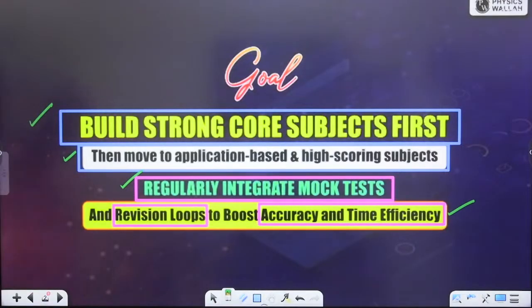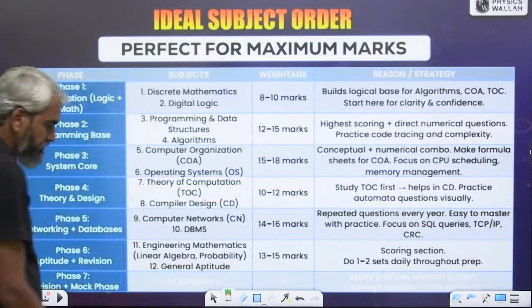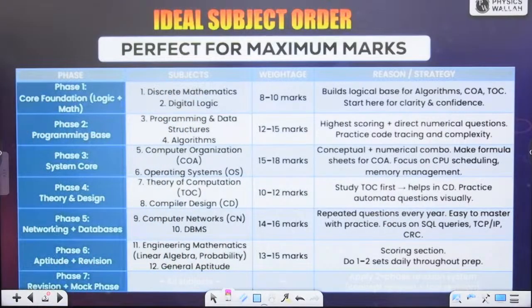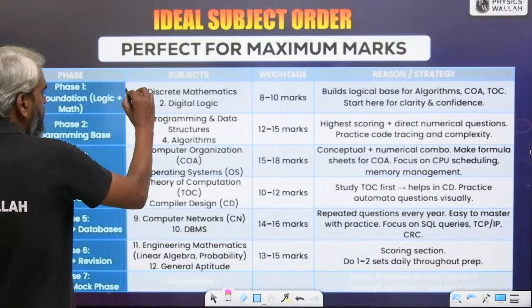So we will discuss all these things. The very first thing is that, sir, what should be the subject order to maximize the marks? Let me tell you a very basic thing. So discrete mathematics is a core.